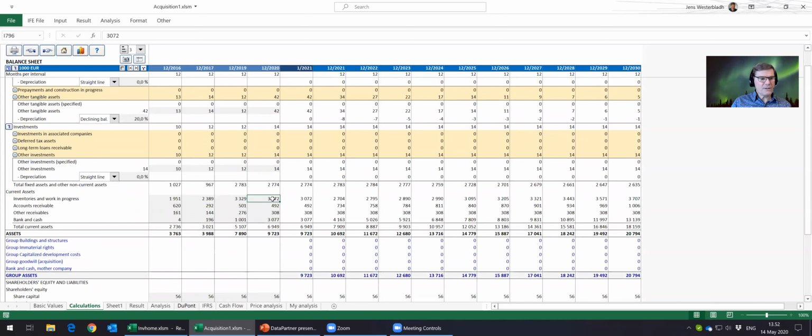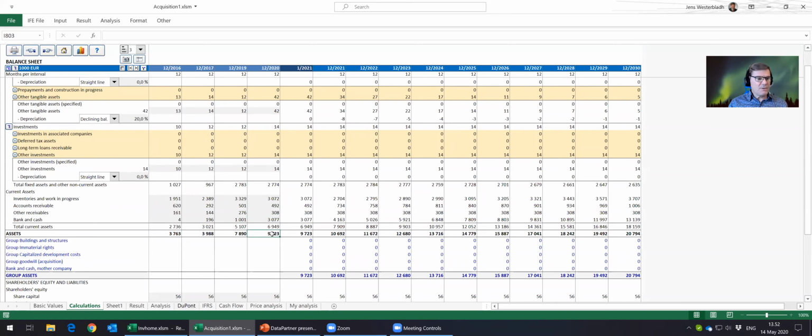We have inventories, accounts receivable, other receivables, and bank and cash. And it goes without saying that, for instance, these other receivables consist of many accounts. So you might have to sum up because we don't have so many accounts in this balance sheet. It's a limited number of rows.